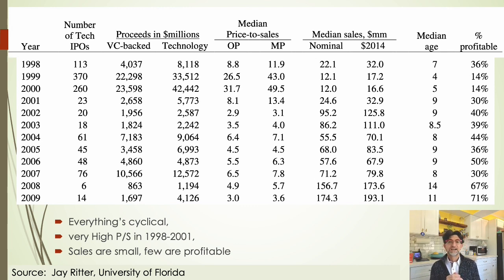Then you've got the median price to sales ratio. Now, this is something I really want to talk to you about. You have very high price to sales ratios when the market is topping. And you could see there were some stratospheric, crazy price to sales ratios for these internet companies.